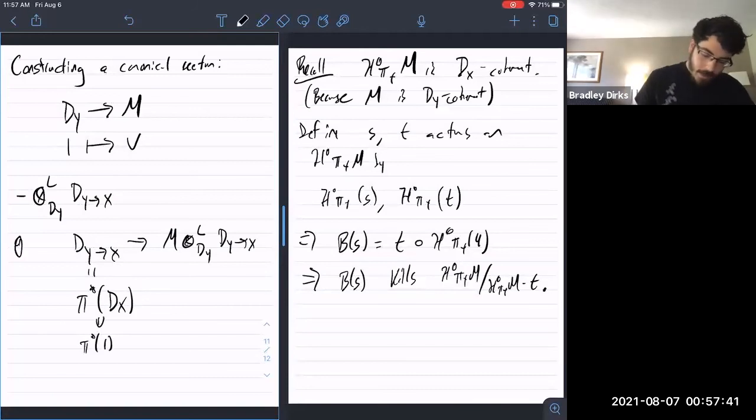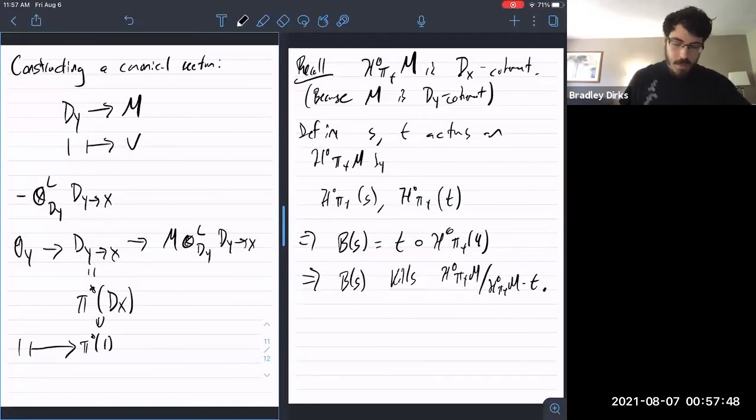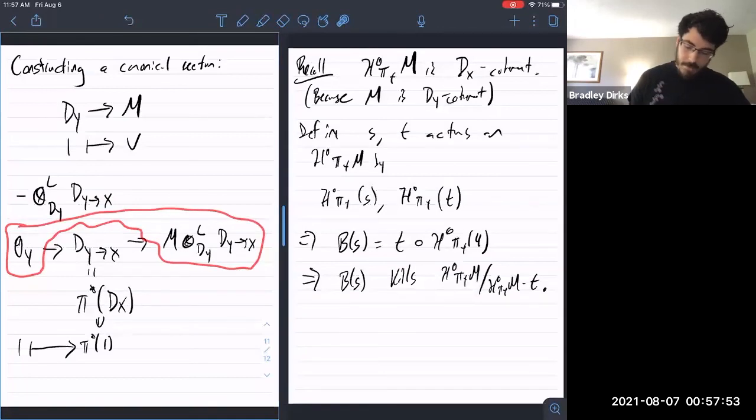And so if we let O_Y map to that element, so 1 maps to that special guy here, it's not really a canonical section because this thing is an element of the derived category.